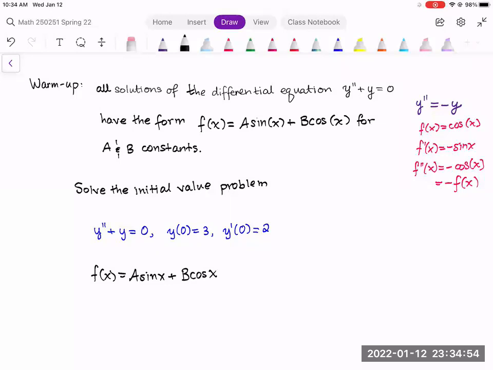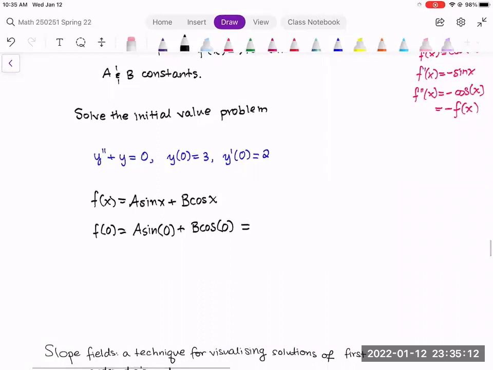Okay, so what we're going to do is just evaluate this general format at our initial time, and we're going to see what it boils down to. Okay, so our initial condition is that at 0, this function should be equal to 3.